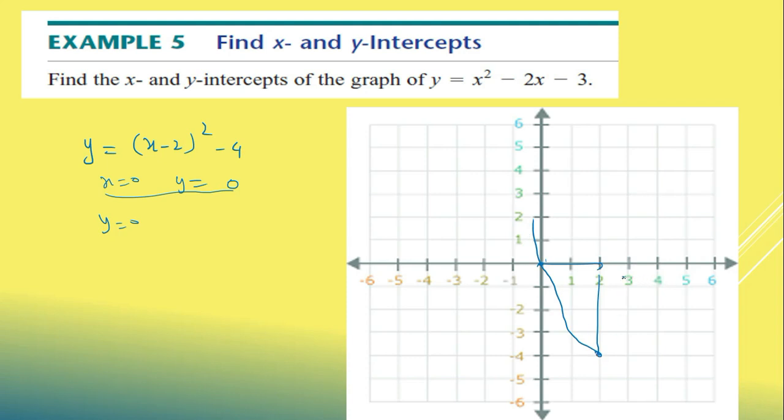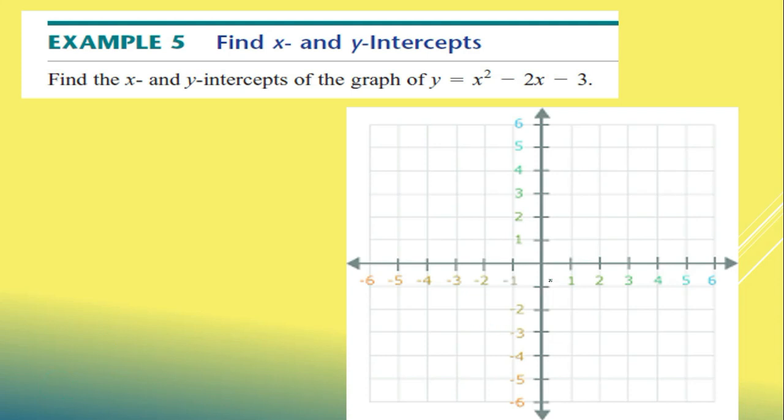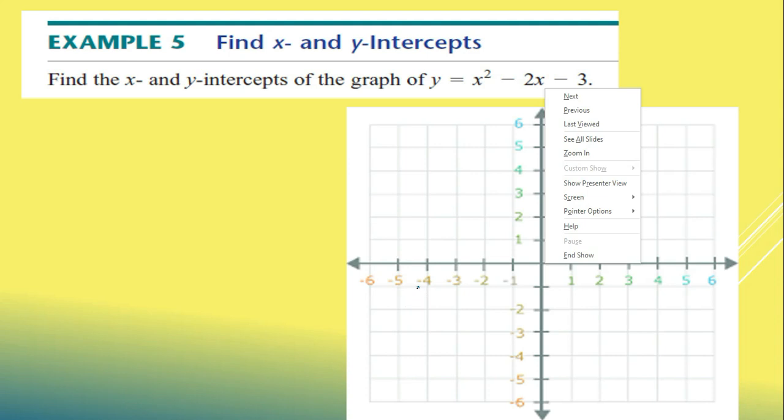When y is 0, you get any other value, (x minus 2) whole square is 4, x minus 2 is plus or minus 2. x minus 2 is equal to plus 2. So x is 4, on the other side it will be x is 4. This way it's going. This is another parabola. So in this way, roughly, if you know where this middle point is moving, you can understand the graph of the parabola.